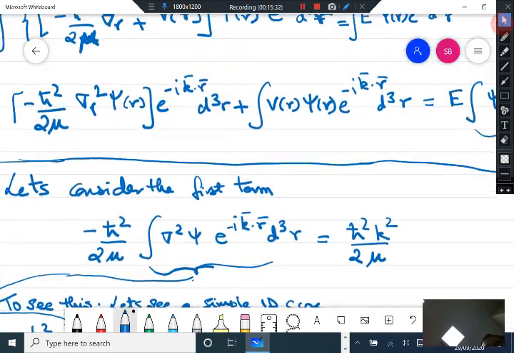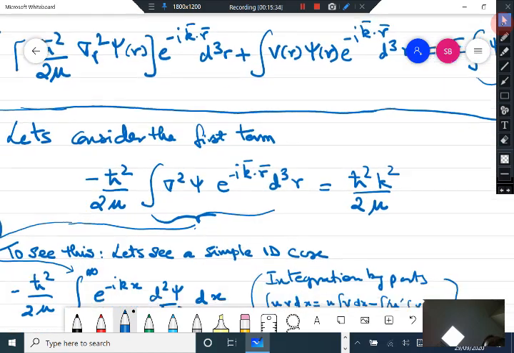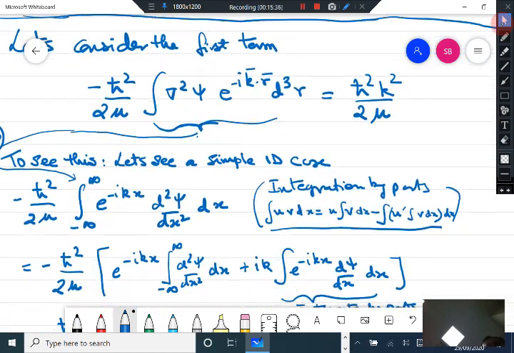Let us simplify this Fourier transform further and write it down.